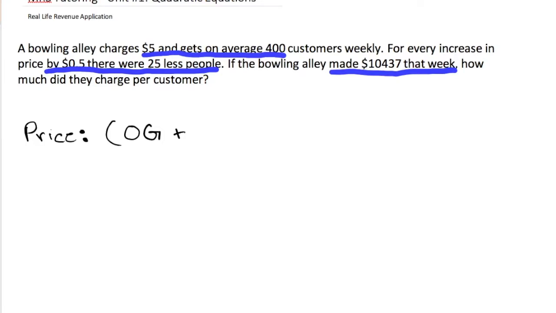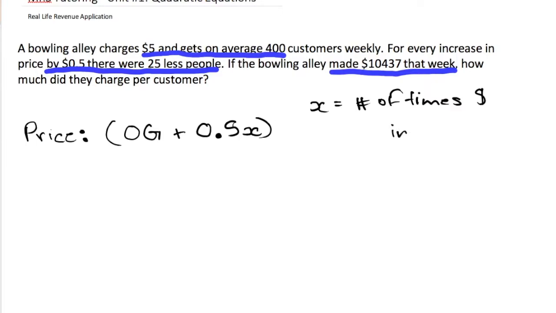We know that the price changes by 0.5, so we would write 0.5. But we don't know how many times it changed, so we would write x. And just like that, we define our variable x: the number of times the initial price increased.